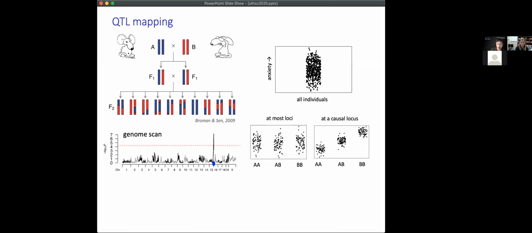Along the bottom we have location, and up the side we're measuring the strength of the association. We can see in this genome scan that there's a location around the end of chromosome 15 that's highly significantly associated, and we call this a quantitative trait locus.